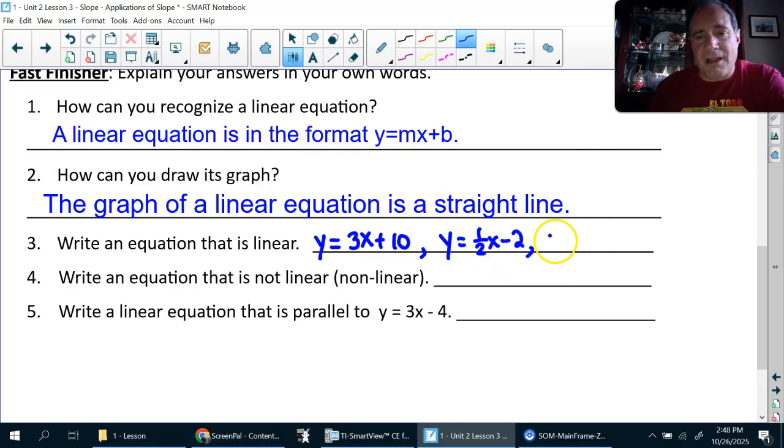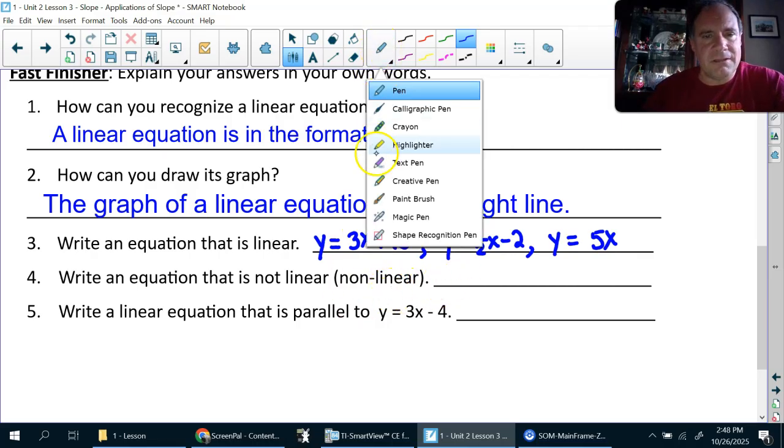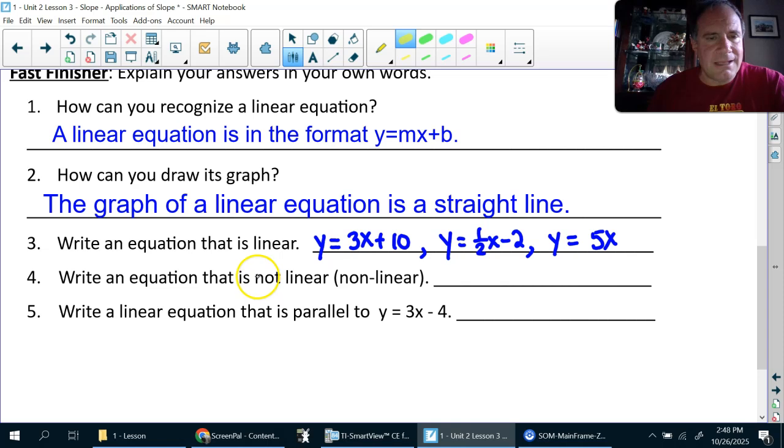You can have y equals 5x. That is a direct variation. Just remember, all of those are linear equations. Right? Write an equation that is not linear, non-linear. That's what it's called, non-linear.